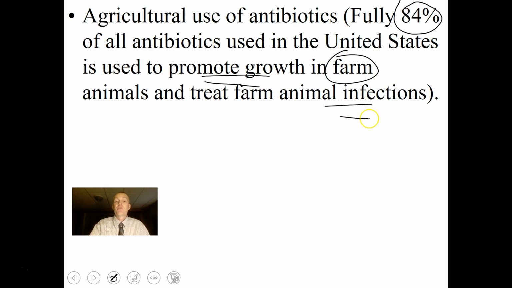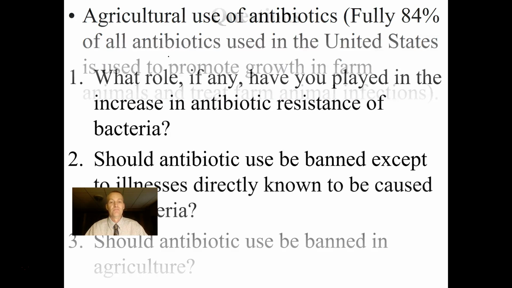Now some of those antibiotics are used to treat infections, but a lot of them are used to grow animal muscle tissue faster. Remember, when you eat meat, you're eating muscle tissue, and if you want to make lots of profit, then you want to promote the growth of your animals, and antibiotic treatments actually promote the growth of that. So hopefully one day we'll wise up and maybe stop the use of this stuff in agriculture as much as we do.